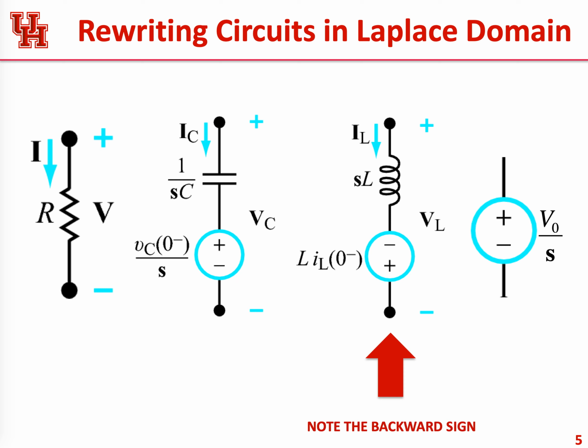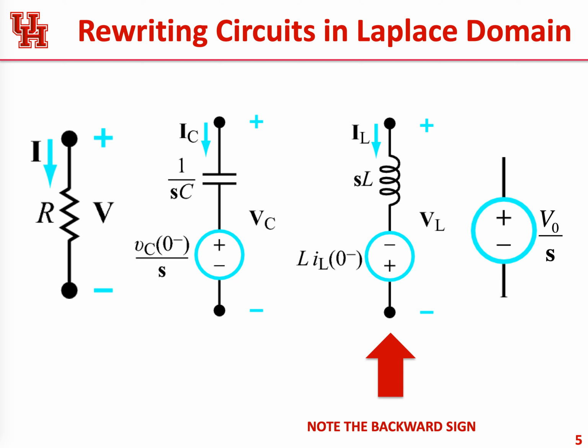This slide on your left basically summarizes the three different cases that we just went over. If you look at the resistor, it is a constant and its complex impedance is simply R. If you look at a capacitor, its complex impedance is 1 over sC, and this is frequency dependent. As the frequency increases, the impedance will decrease.